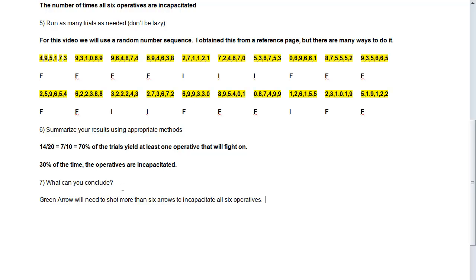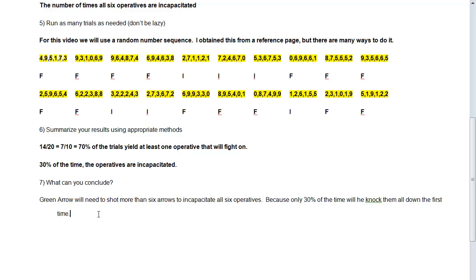And why is that? Because only 30% of the time will he knock them all down the first time. Right? So there it is. That's what's going on, and that's what you can conclude from this.